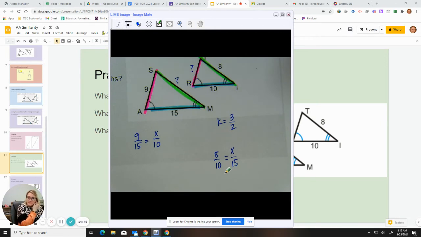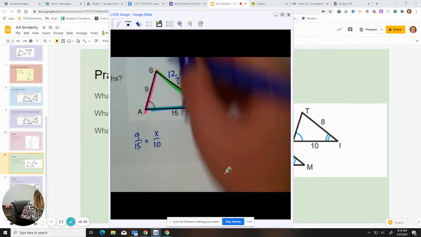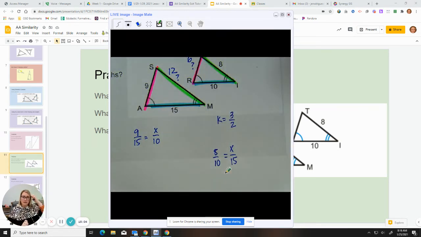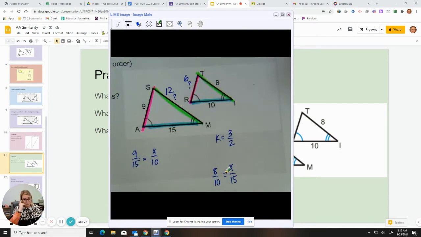Okay, there's lots of different ways to do this. But the biggest thing is that hopefully you would find that this right here is 12, okay? And that this one right here is 6, okay? And we're going to get more practice with proportions as we go.